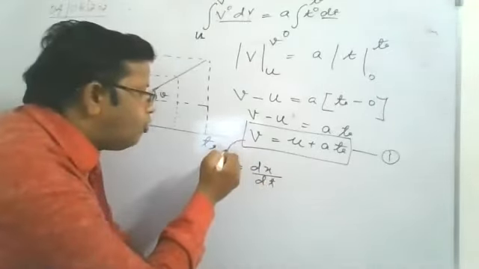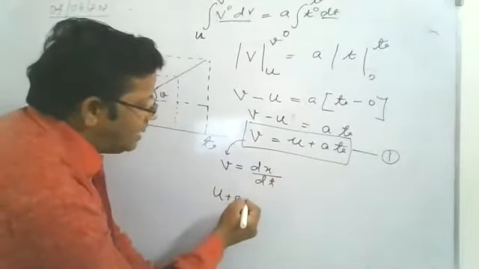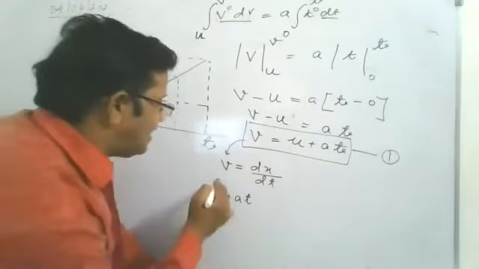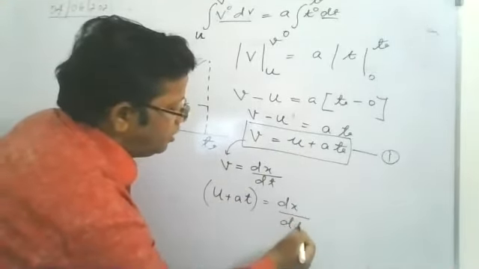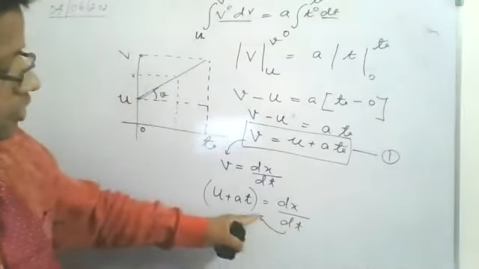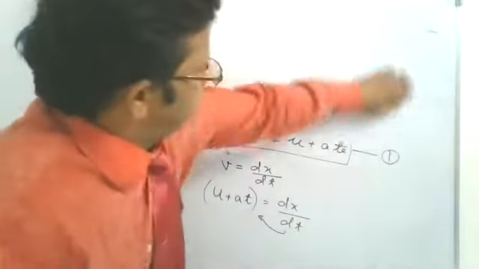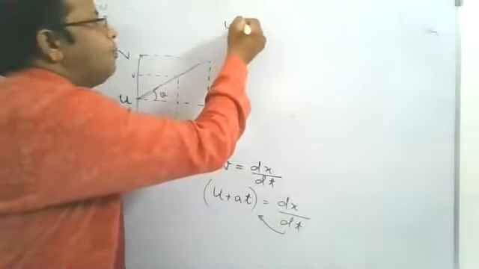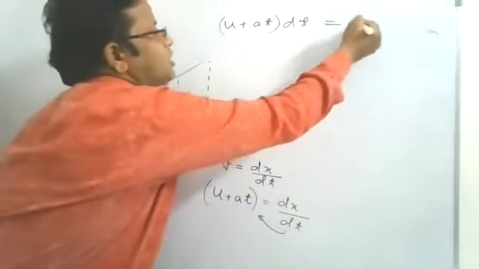Now put the value of v here. What is the value of v? u plus at. So u plus at is equal to dx upon dt. Now take dt to this side. You rub this one, this is the first equation. Now u plus at into dt is equal to dx.